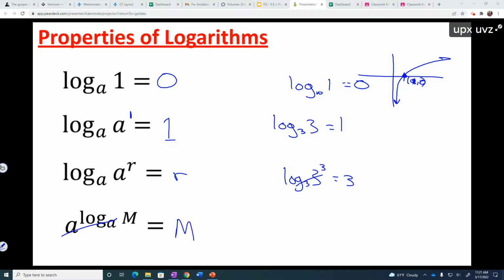Because you need a log with an exponential. So like this one, the log a cancels the big A. Those are inverses. So you need a log with the same base to cancel an exponential. So let's say you have 4 to the log base 4 of 10.